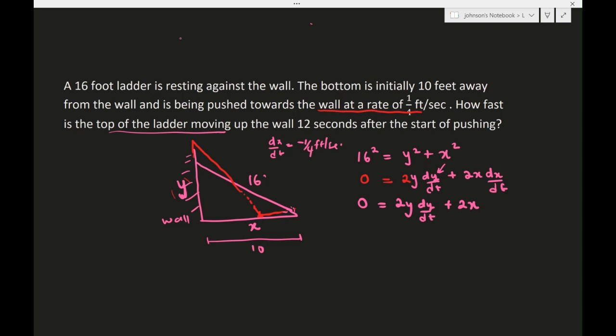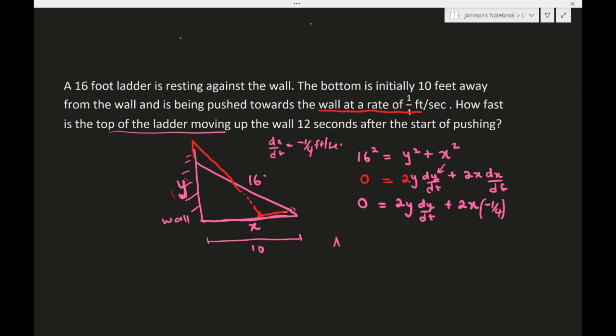So it's decreasing. You are reducing the original length of the side, pushing towards the wall. So it's going to be minus 1/4. Now what we don't know is y, and we don't know x.